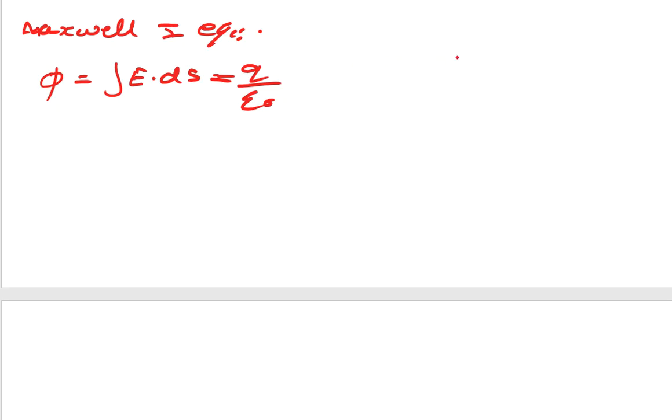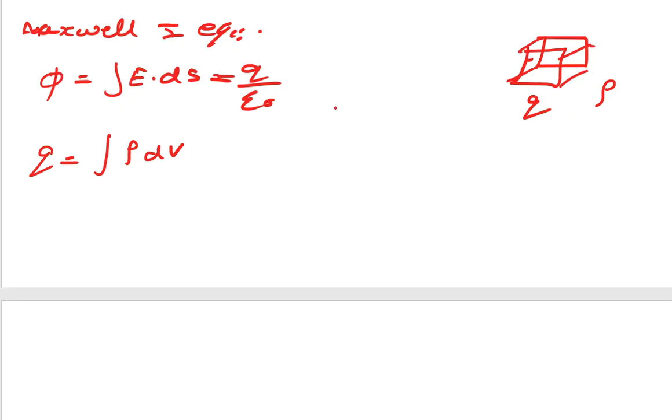For this, let us consider there is a volume in which the total charge is Q, and the volume charge density is rho, so that the total charge is the integral of rho dV. Let these be equation 1 and equation 2.